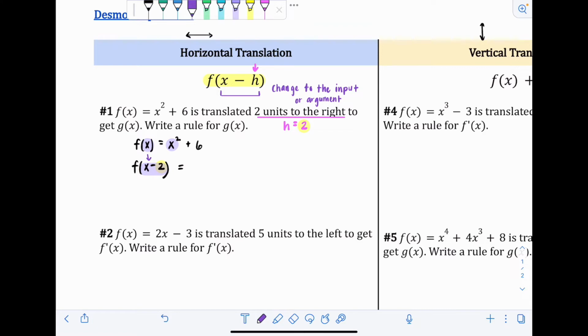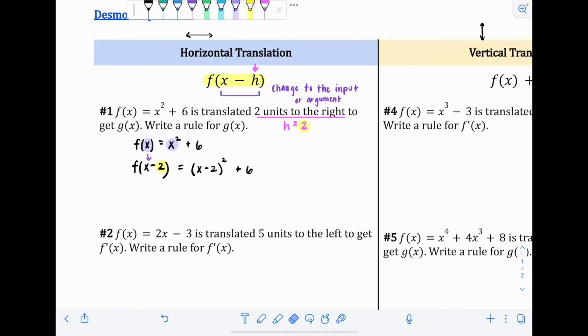The x in x squared doesn't have parentheses, but we need to put parentheses there to make sure we're including the minus 2 with it. So instead of x squared, it'll be x minus 2 in parentheses, squared. And then the rest of the function stays the same, so we still have that plus 6 at the end.